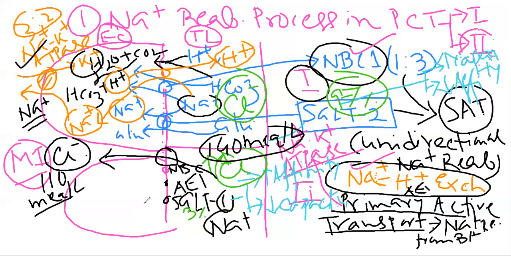The remaining part of the sodium ion which is present in part 2 of the PCT will be reabsorbed to maintain the electron neutrality in the medullary interstitium, because as chloride ion is reabsorbed via the paracellular route, and a high concentration of chloride ion is present in the medullary interstitium by this process, this electronegativity should be normalized or neutralized. So to maintain the electron neutrality, sodium ion will be reabsorbed, which is known as the chloride driven sodium ion transporter.